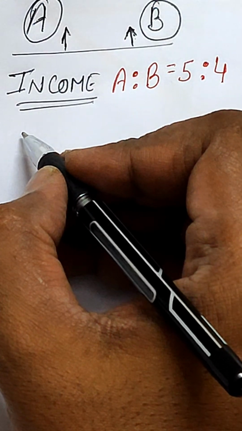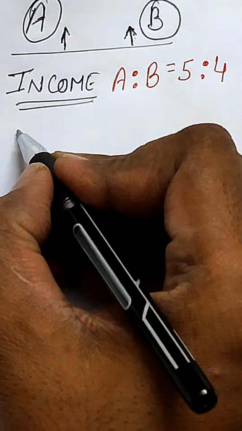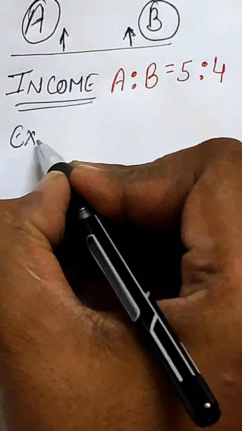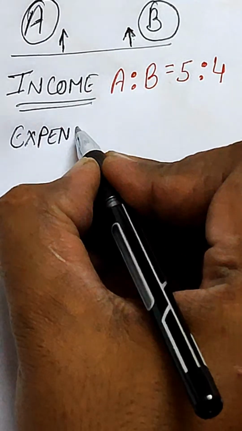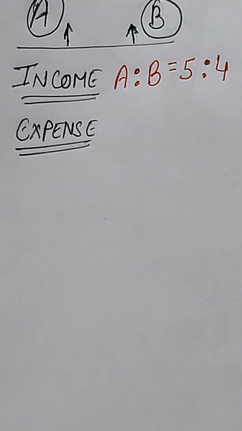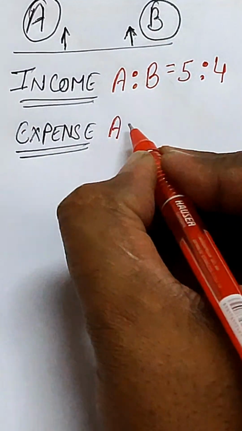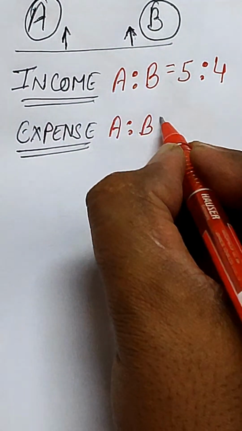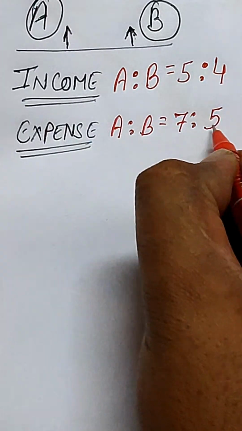So just for doing any kind of purchasing or buying, they need to spend something. So when it comes to the expenses of A and B, the ratio of their expenses is something different, that is 7 is to 5.